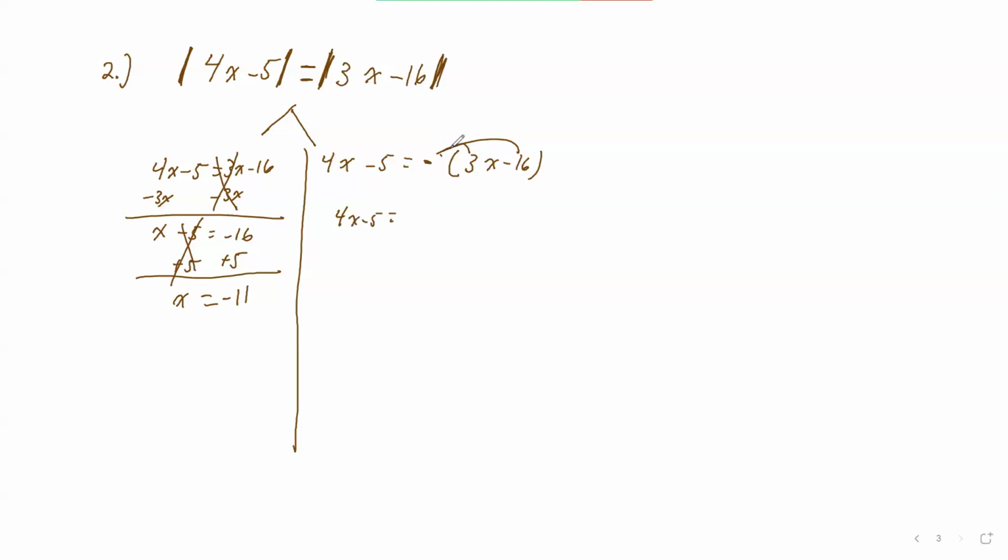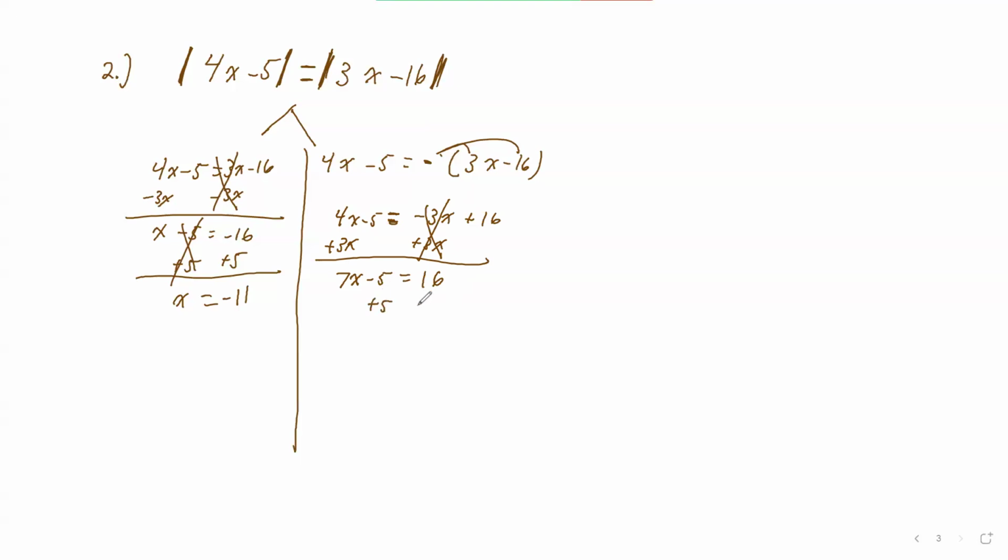I'm going to take that negative now and I'm going to distribute. So I have a negative 3x and a positive 16. Like I said, you can either do it right away or you can do it as you're on the next step. So now I'll add 3x. So 4x plus 3x. Now what?